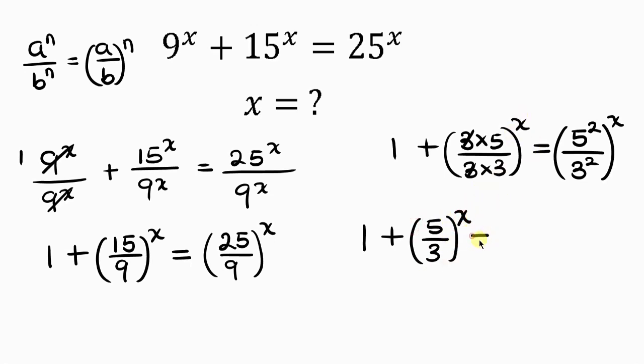This is equal to, now just like this, we can write the expression inside as 5 over 3 all raised to the power of 2. But notice that we also have it raised to the power of x. So I'm going to be raising all of these to the power of x.